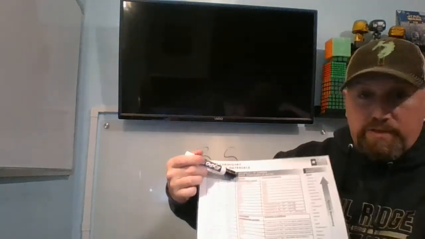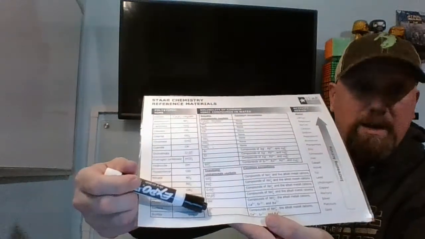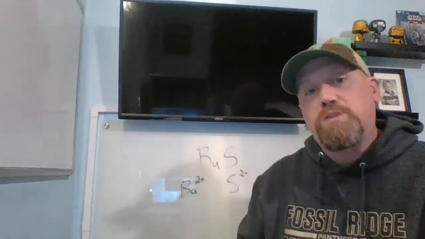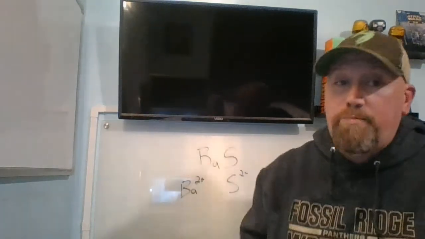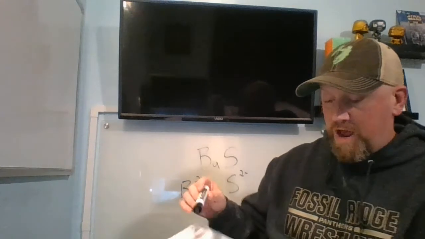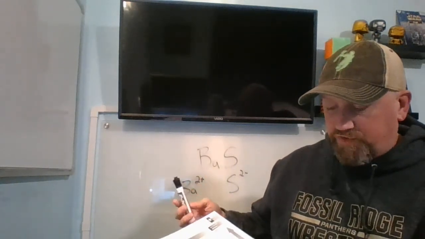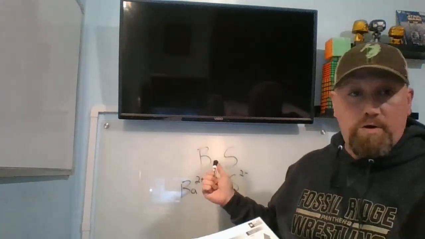We look down the list, looking for barium and for sulfur. Down here at the very bottom of the list for the insolubles is sulfur, so most ionic compounds with sulfur are insoluble. Now let's look at the exceptions. Exceptions are compounds of NH4. No, we don't have NH4.